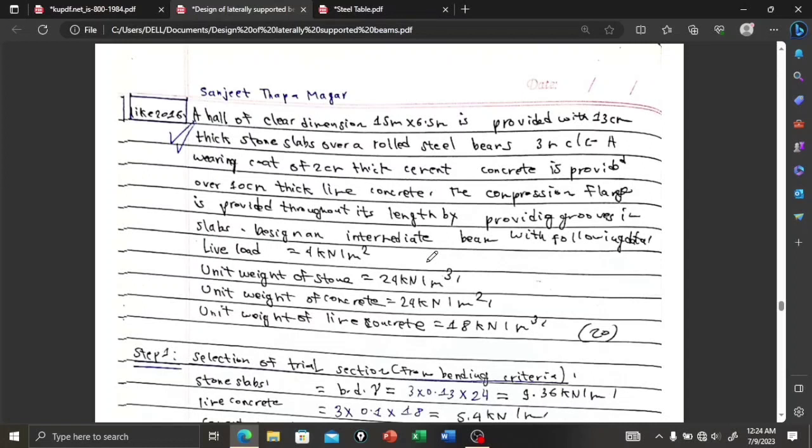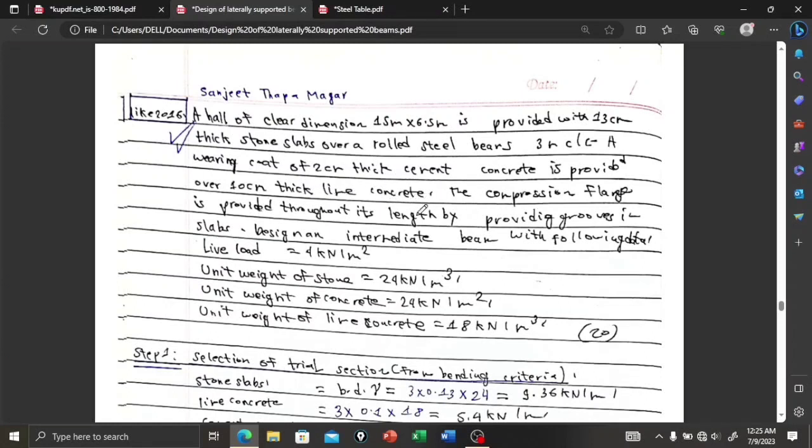This question is similar to the 2016 question. A hall of clear dimension 15 meter by 6.5 meter is provided with 13 centimeter thick stone slabs over rolled steel beams 3 meter center to center. A wearing coat of 2 centimeter thick cement concrete is provided over 10 centimeter thick lime concrete.